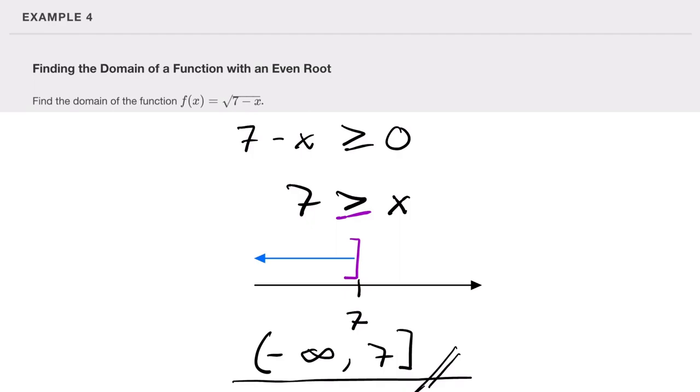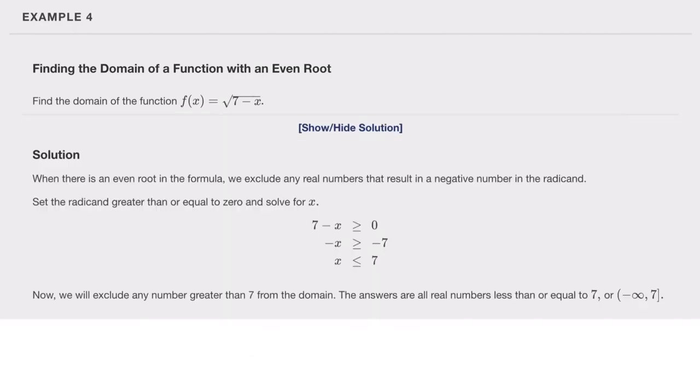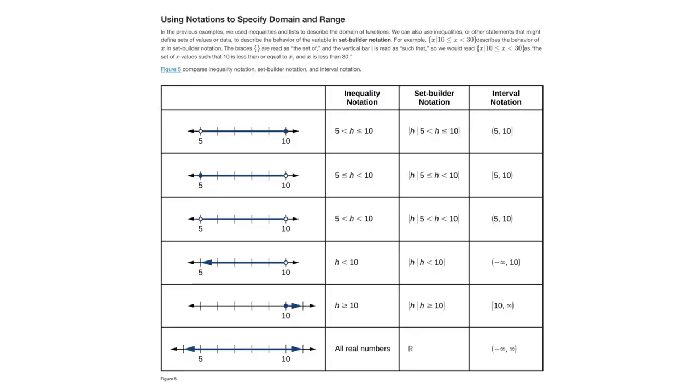So in the previous examples, we used inequalities and lists to describe the domain of functions. We can also use inequalities or other statements that might define sets of values or data. So this is kind of reiterating what we were experiencing. So we have this graph form, right?